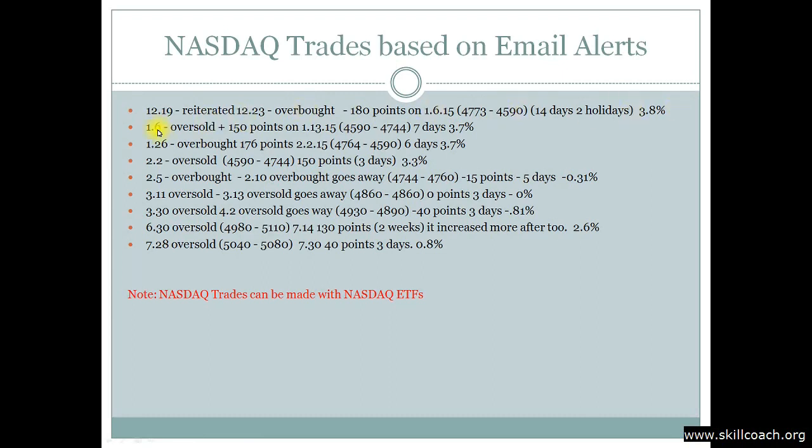On January 6th, we had an oversold condition, and the market rallied by 150 points by January 13th, returning 3.7%. I'm going to quantify this so we don't have to go through each one of them, but you can see this clearly in the email archives.